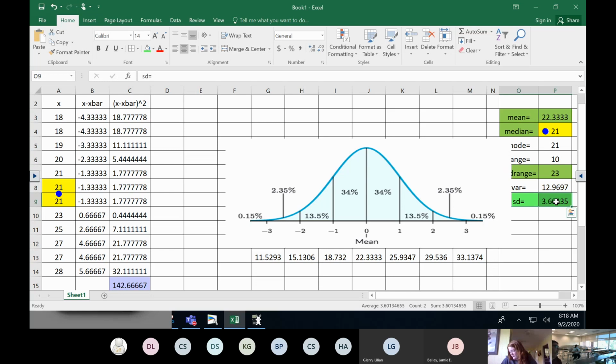So we've got 22.3 in the middle, and then 33 is an outlier. So anything above 33.1374 is an outlier, and anything below 11.5 is an outlier. So if I had a 10-year-old in this group, that would be an outlier. If I had a 35-year-old in this group, that would be an outlier.